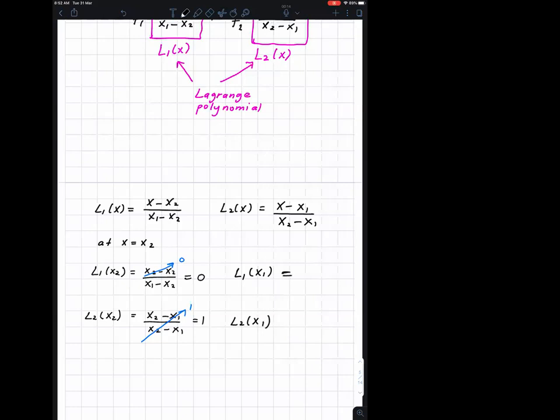If you do similarly what I did on the left-hand side, you will end up getting 1 here, and then you will end up getting 0 here. Okay, it's simple algebra. I'm sure you guys can do it. If you cannot do it, you can ask this question again next time.